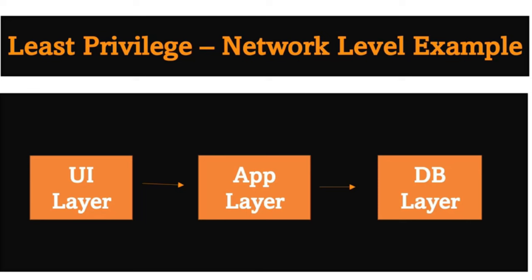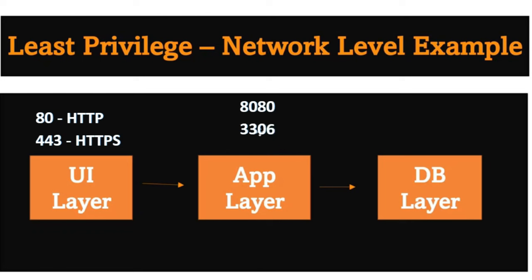other layers. So you need to configure firewalls to enforce strict access controls. So for the user interface layer, you are opening only ports 80, that is for HTTP, and 443 for HTTPS, and these ports are open to external traffic for customer interaction.